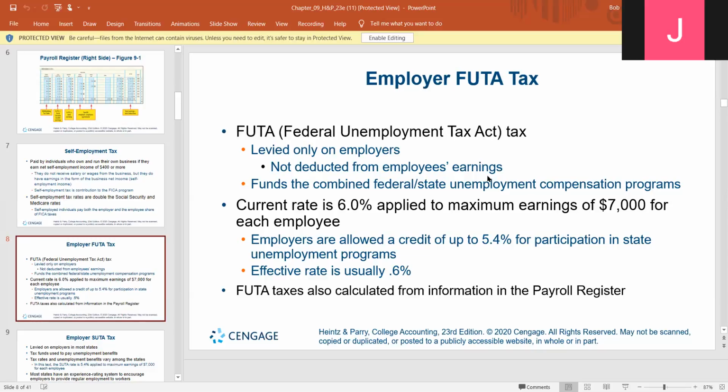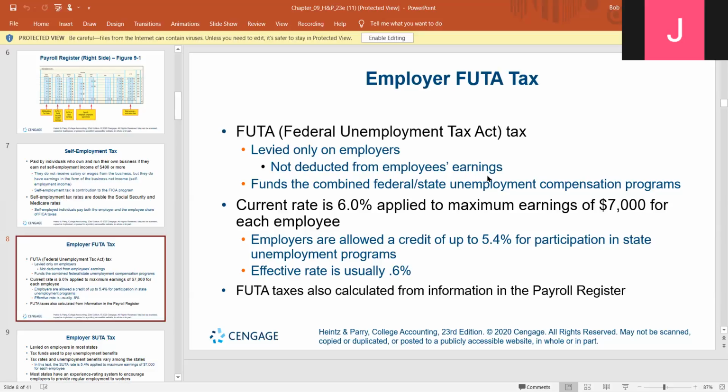You have an employee and they earned $7,000 through the first quarter. As soon as they earn $7,000, there is no more taxes to be taken out. So you multiply 7,000 times 0.06, you're going to get $42. That's the maximum for each employee.